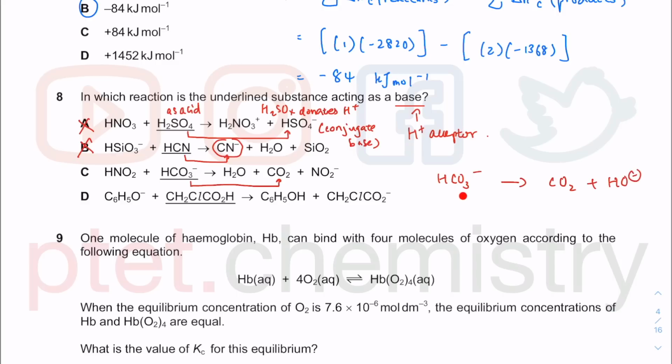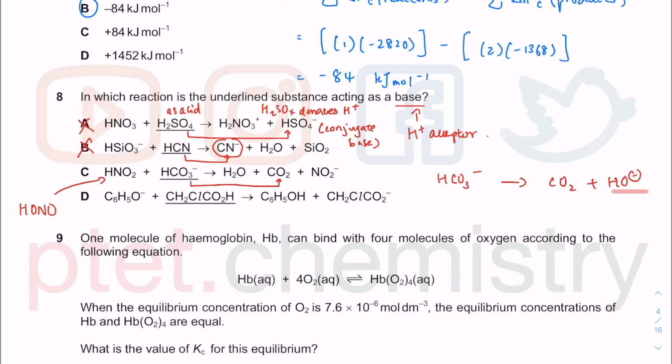So here it seems like it's giving away OH minus. Typically we say it's a H plus acceptor, but if HCO3 minus gives away the OH minus, what does the OH minus do? The OH minus accepts the protons, and that's why the OH minus accepts the H plus from this acid. This is called HONO, which is basically HNO2.